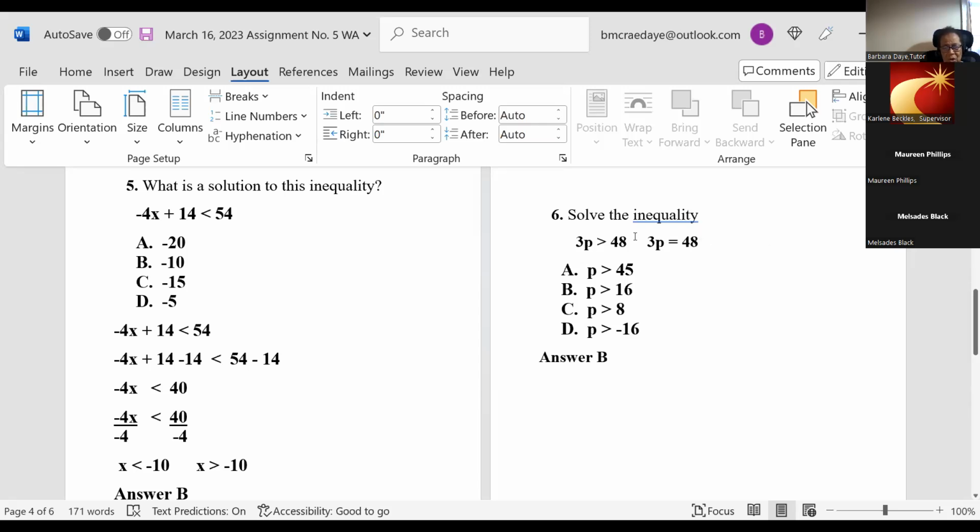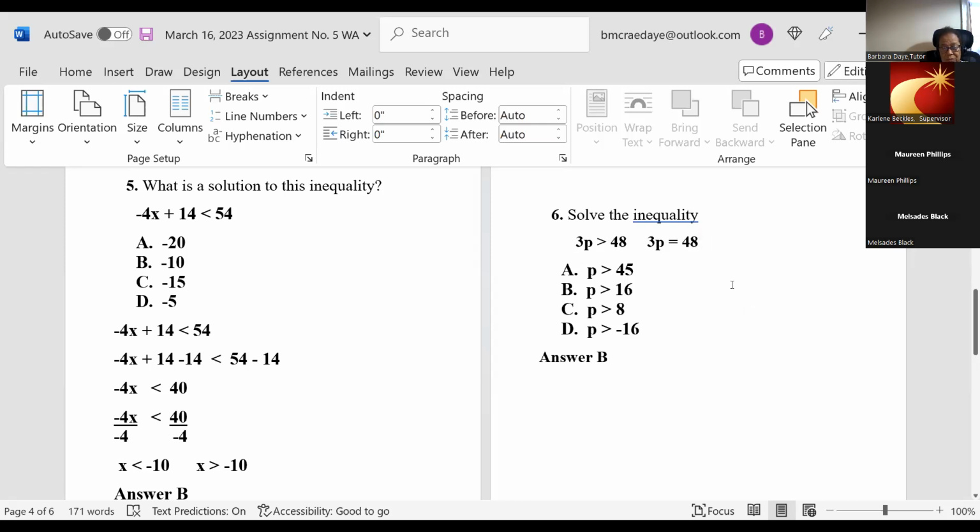So the same thing here, even though this is an inequality, whether it's greater than, less than, greater than or equal, less than or equal, you still divide by 3 to solve for p. That's the point I'm trying to make, that even though these inequality symbols are there, you apply the same algebraic rules.